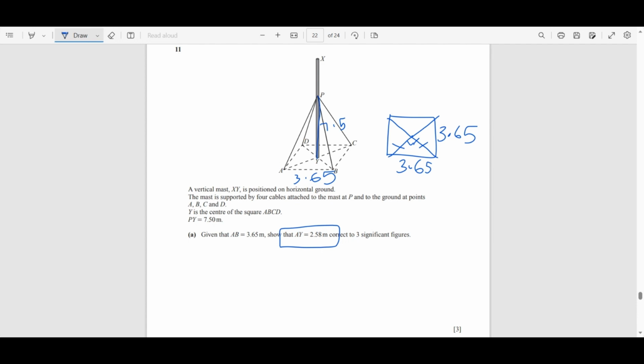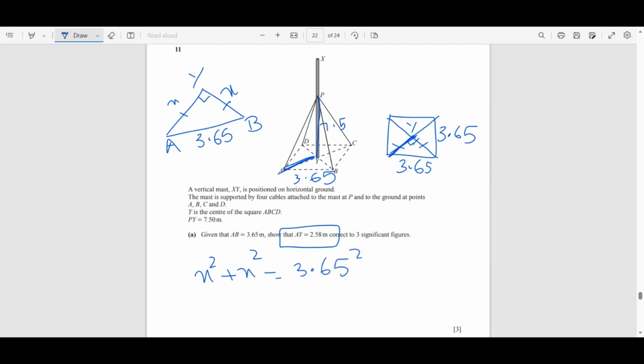So if we are interested in AY, AY is this because Y is right in the center. This is Y, which is 90 degrees according to the property. This is A and this is B. This is 3.65, and these two are equal but unknown, so let me take it as x. Using Pythagoras theorem, x squared plus x squared equals 3.65 squared.